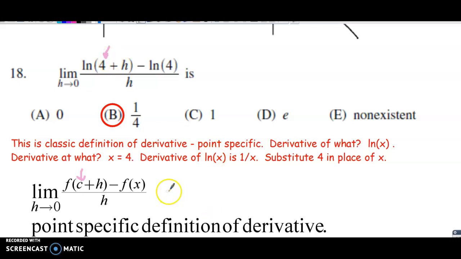We remember that's the question we ask. f of x. Actually, this should be f of c in this particular case, not f of x. So f of c is sitting back here. So the function is what we get when we take the 4 plus h out and put x back in. So we have the function is ln x, and the derivative of ln x is 1 over x, and then we substitute 4.